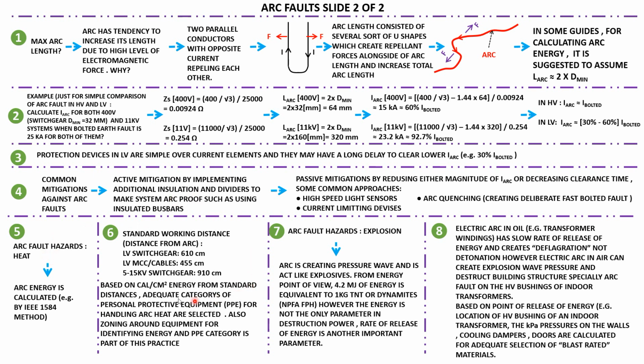So at the end, we're going to have two hazards of the arc. One of the hazards, very well known, is heat. Excessive heat can burn people, cause death, casualties, and equipment fire. It's a very well-known hazard of the arc.